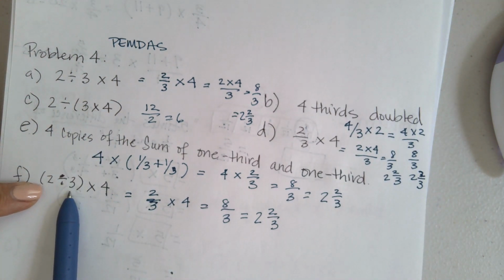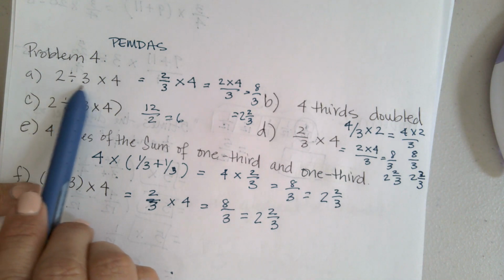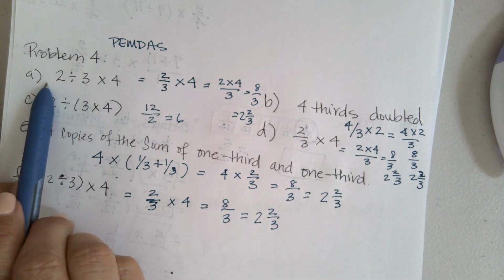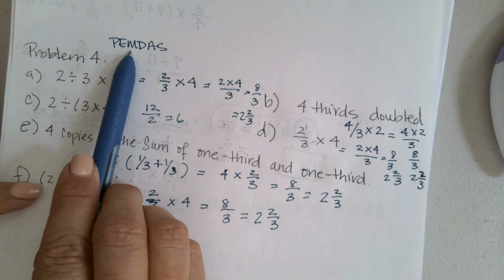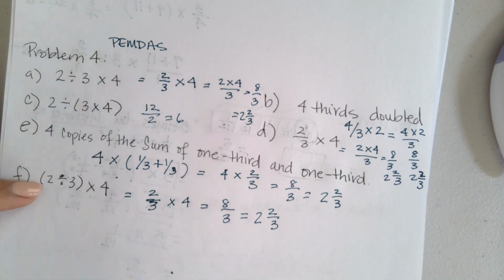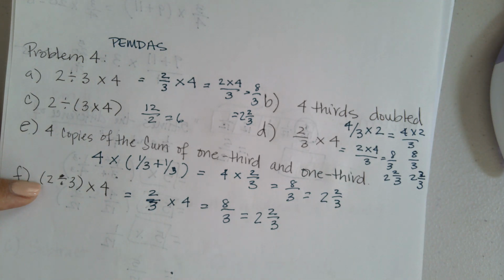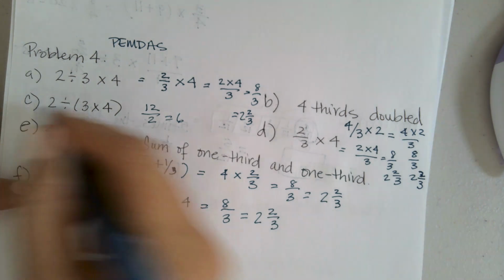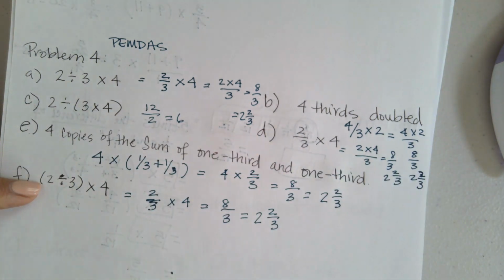We had to start with 2 divided by 3 because division and multiplication are equal in their placement in the order of operations. The order of operations states that division and multiplication are equal. So if you have multiplication and division in the same problem, whichever one you run into first, starting from left to right, is the operation you do first.